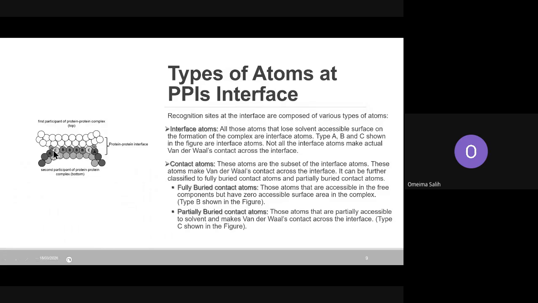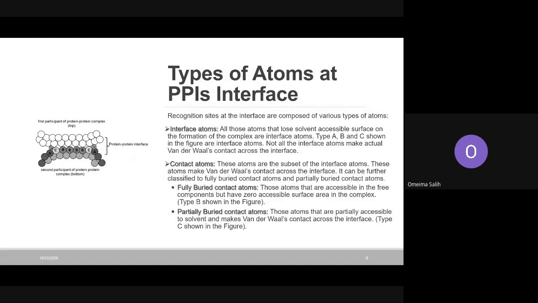But C is partially buried. So these are all contact atoms. Usually C is a type of amino acid that undergoes van der Waals interactions with the other polypeptide chain.